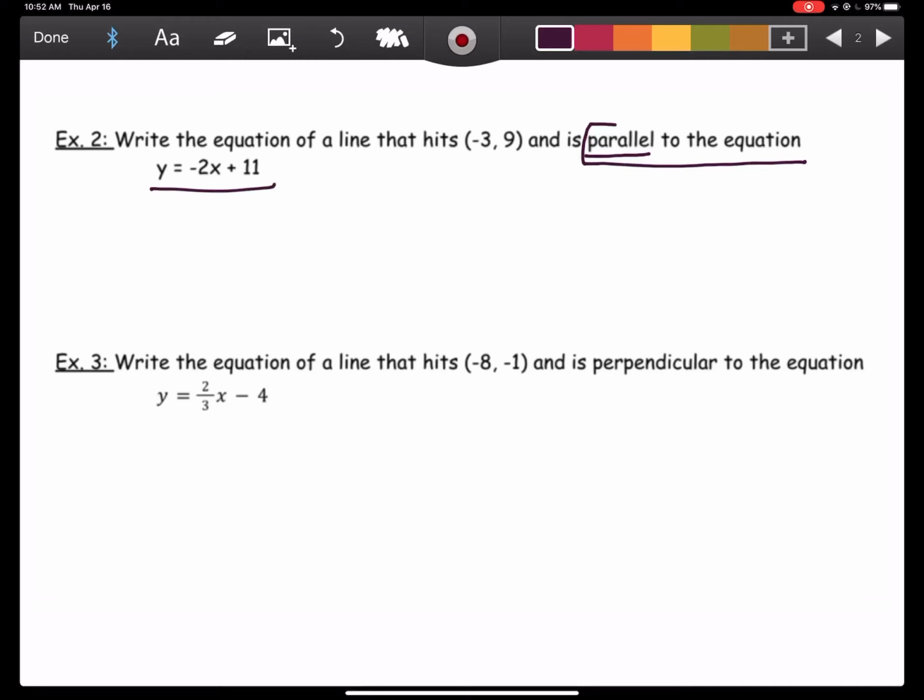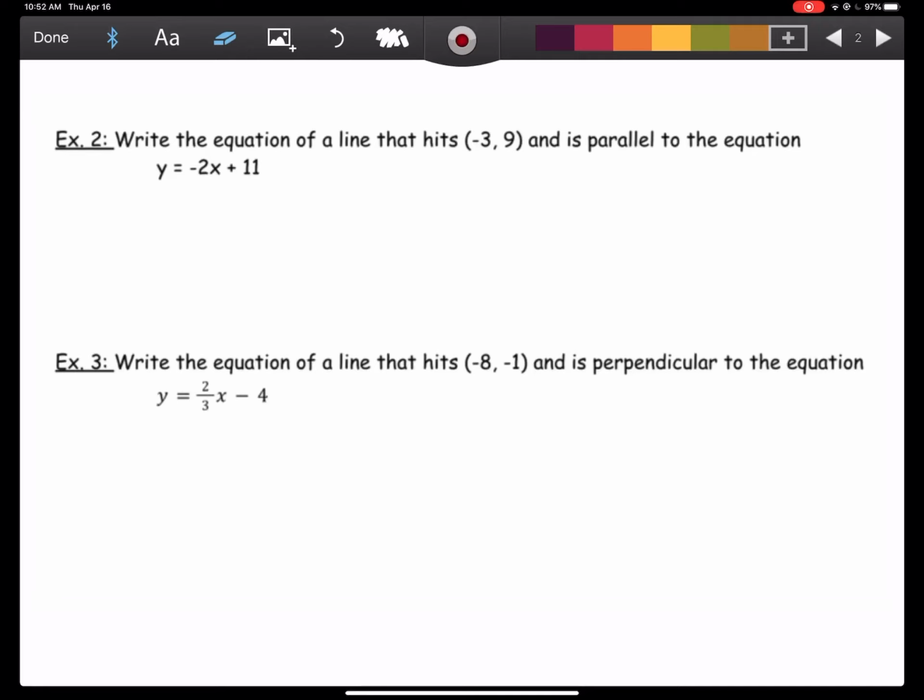They haven't actually given you the slope. So example 2 is a classic Regents question, and they're expecting you to take this information and dig a little deeper to find your slope, okay?